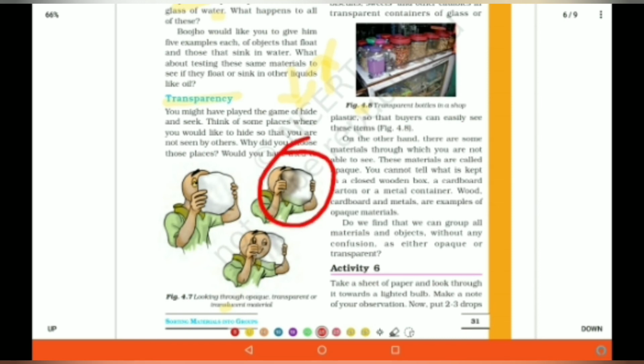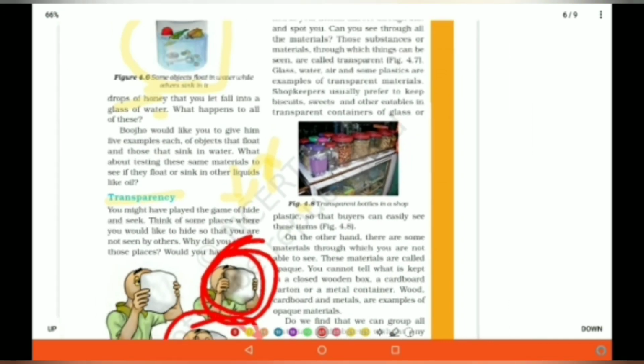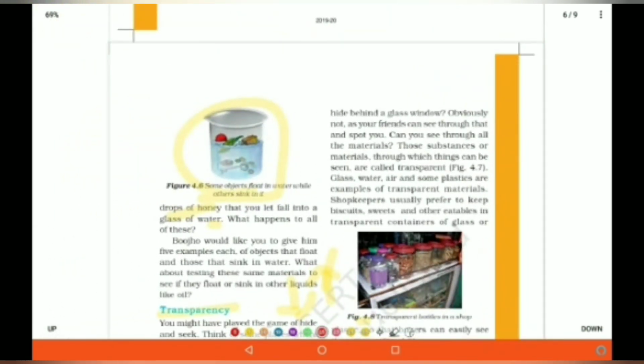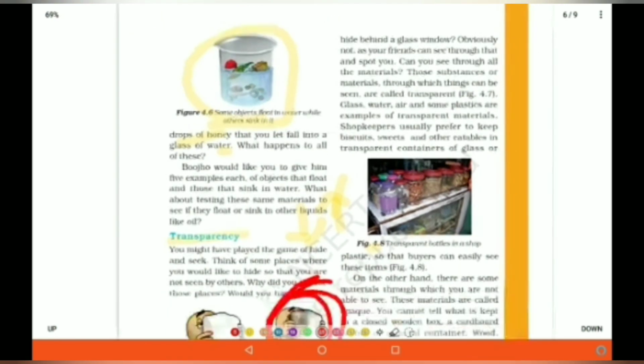When it's fog and your plain glass is filled with fog, this can be an example of translucent. Whereas transparent is our plain glass through which we can see easily. Okay, that's the difference between opaque, translucent, and transparent.